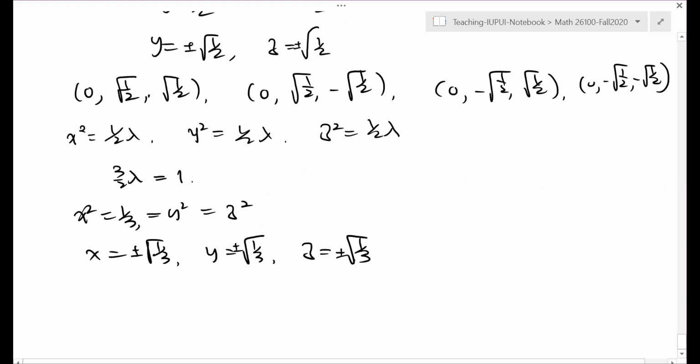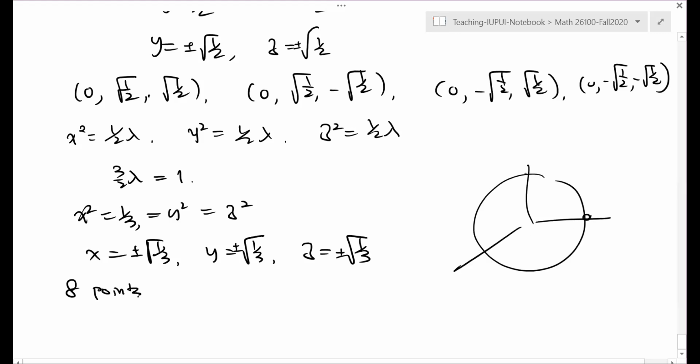But the value will be different. It doesn't matter the sign, so I just put here, you are going to get 8 points. Then you check the value of the function at all the points and find the maximum value. On the sphere, there are a bunch of points here, here, and lots of points on the surface, there or there.